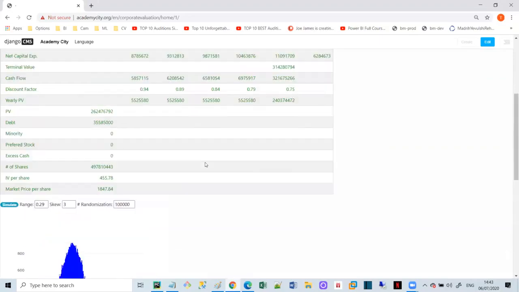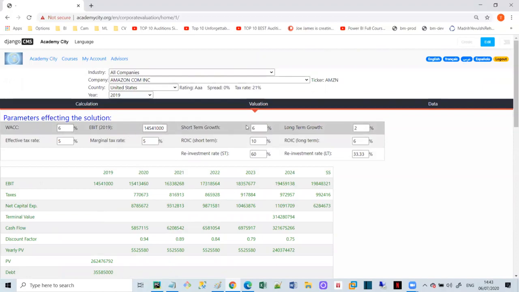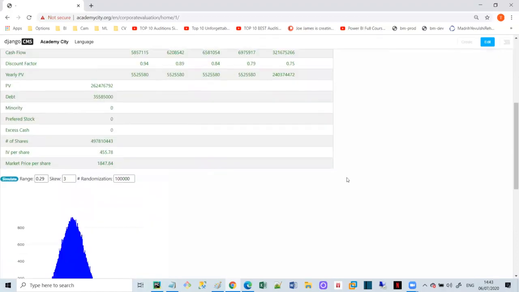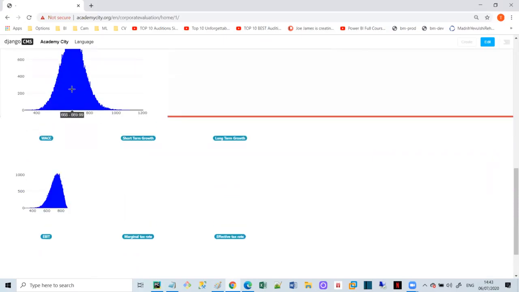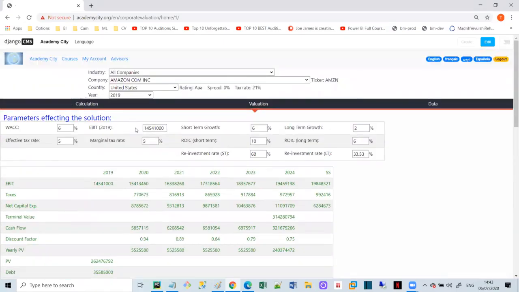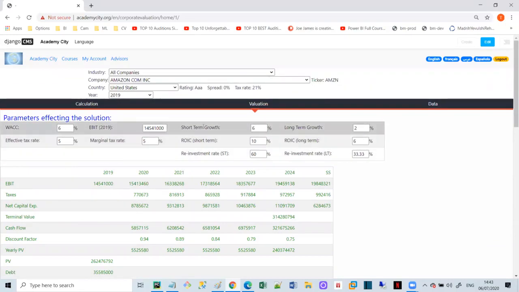Good. Now, if I want to know one last thing, which parameters affect the valuation the most, that's the objective of those little buttons I made for you. If you click only on the WACC, it does the same things, but instead of changing all those 6 at the same time, it keeps all the rest fixed, and you change only this one 100,000 times, only the WACC.